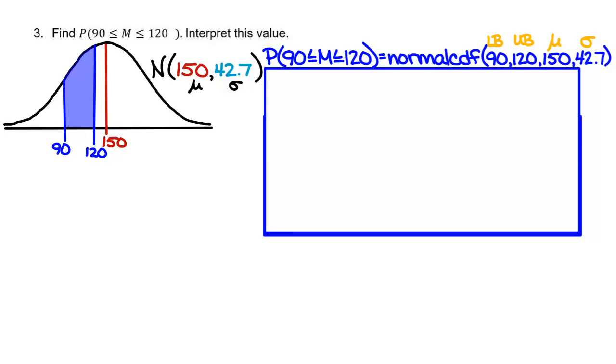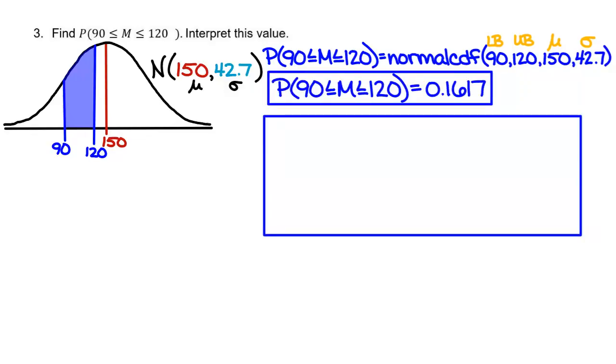And what did you get? 0.1611. I got 0.1617. Depending on whether you use table A or technology, there's going to be a little bit of wiggle room. If your numbers match mine out to 3 decimal places, you should be okay. So as long as you match out to 3 decimal places, you should be fine.